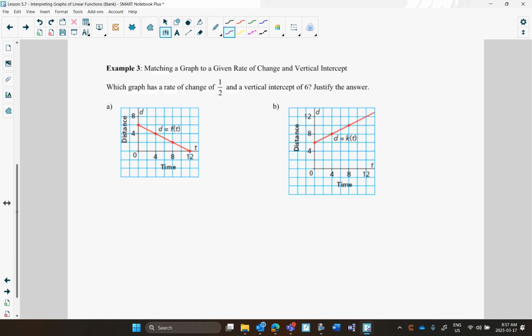So it has to be B. And actually the vertical intercepts are the same, so that doesn't help me. But we can confirm it because if we go from this point to this point, we go up 1 to the right 2. That is 1/2. So it is B.